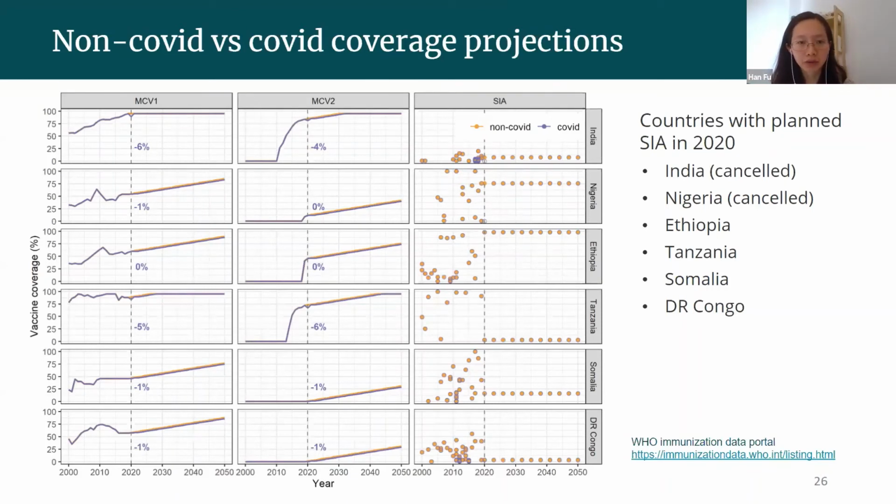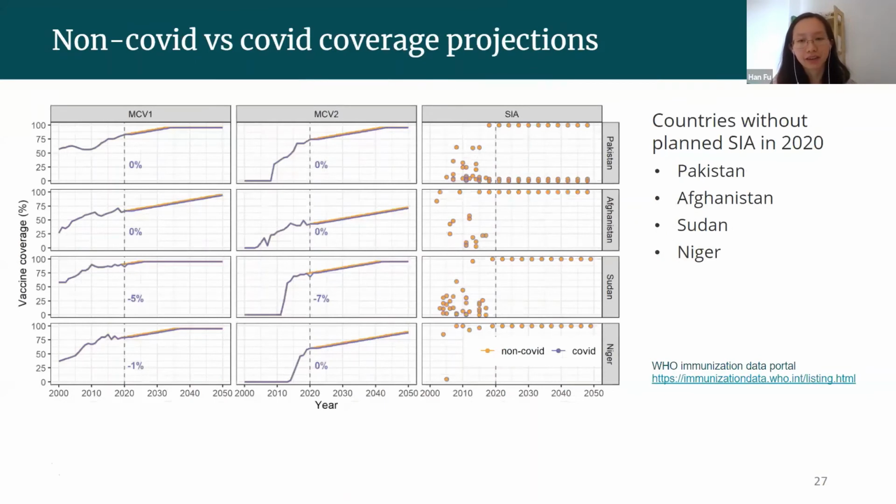There are also 2 purple hollow circles, not very obvious, in India and Nigeria, showing the cancellation of SIA in 2020. These are the other 4 countries that have no disruptions on the SIA, but still have disruption to routine immunization at various ranges.